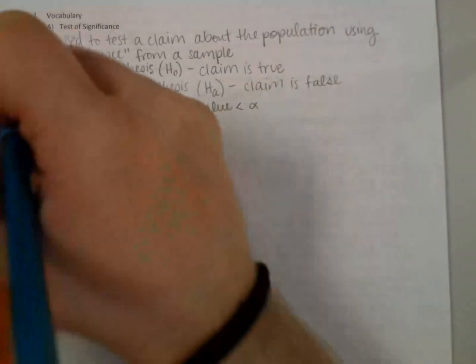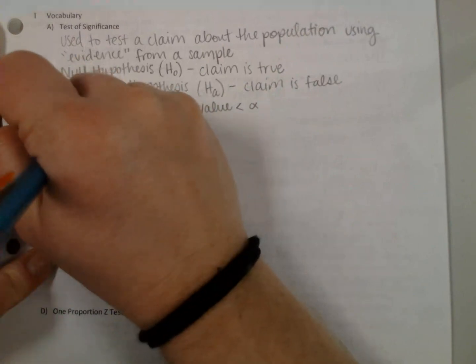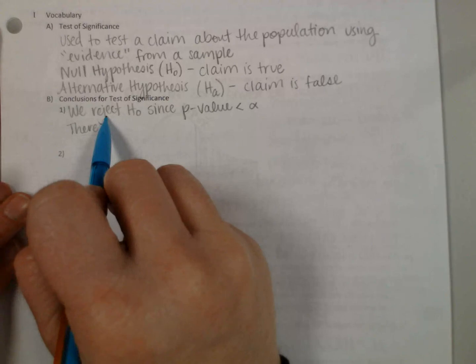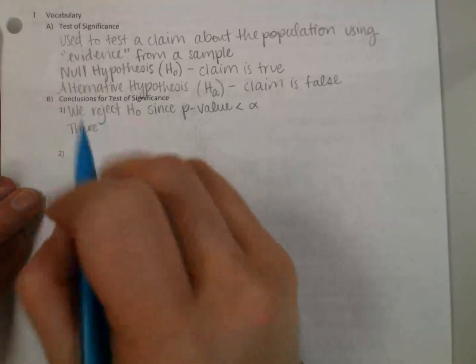That'll be our first sentence. And then our second sentence will be, if we were able to say that someone was guilty, we better have convincing evidence. So that's what our second sentence says.